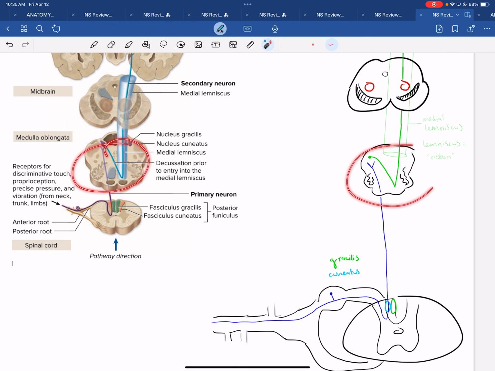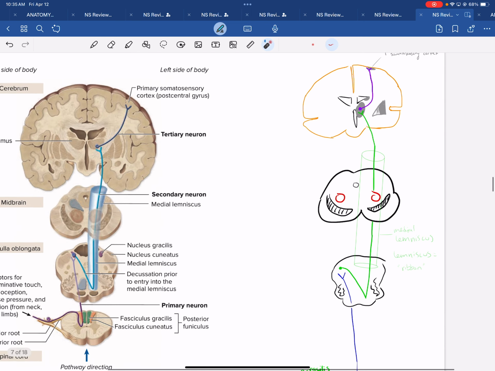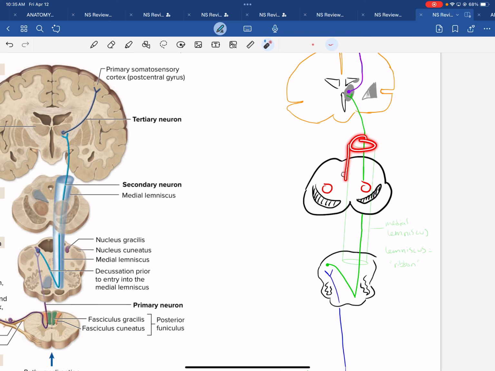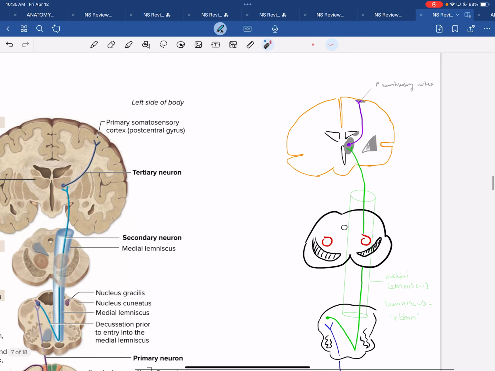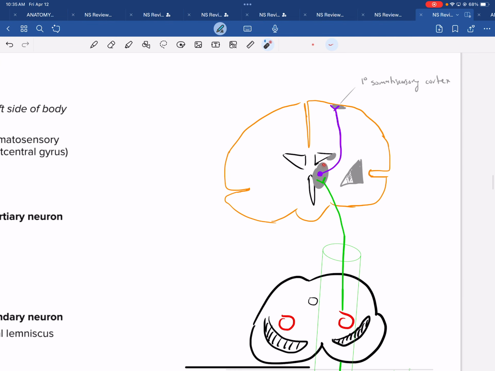It synapses on the second neuron, and then it decussates in the medulla oblongata, and all of the axons go up and form this ribbon. So this is the lemniscus. This is what they were talking about. The lemniscus goes up through the midbrain, and then the axons terminate here.